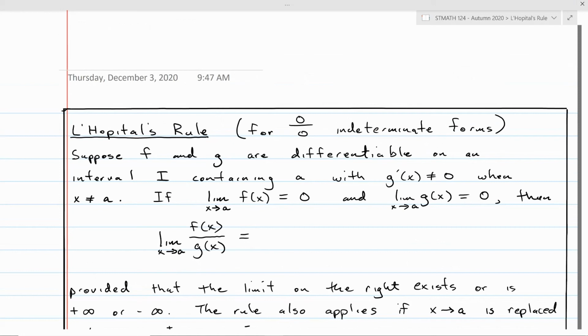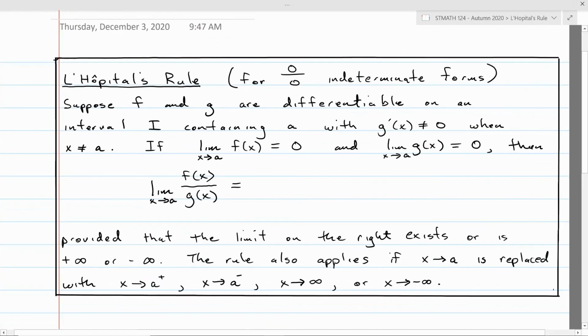So here is L'Hopital's rule. L'Hopital is just hospital in French, but the rule is named after a person who wrote a calculus textbook back in the old days, maybe the 1700s. But the person by the name L'Hopital wasn't actually the person who invented the rule. This was actually one of the Bernoullis who invented this rule.